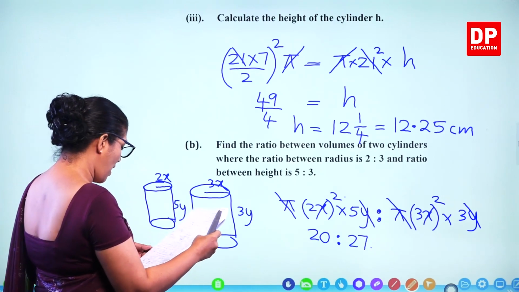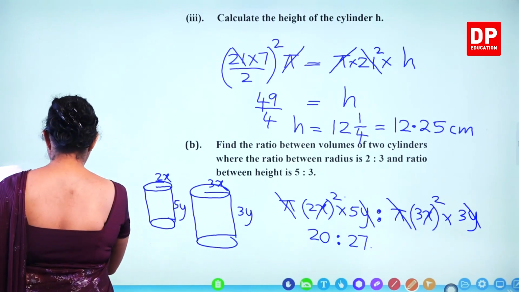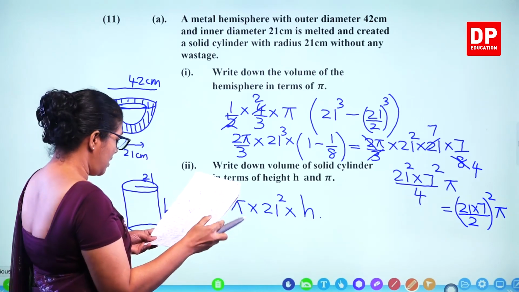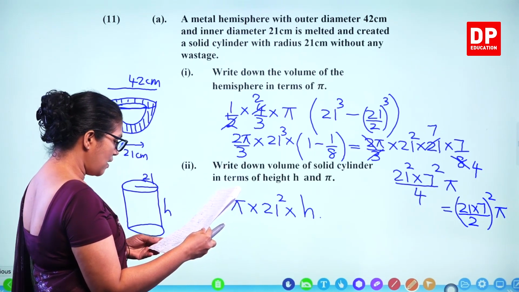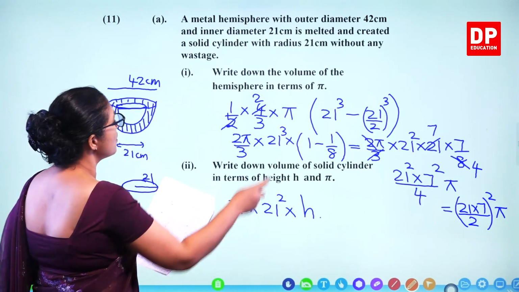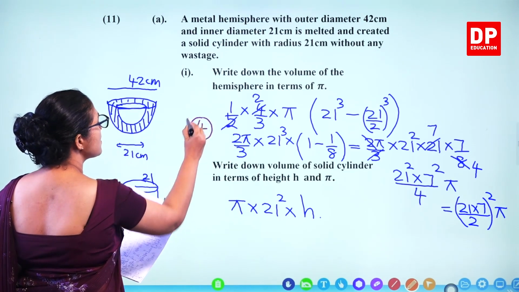So according to the marking scheme, here first part, you are getting 4 marks. So getting this one, you get 4 marks.